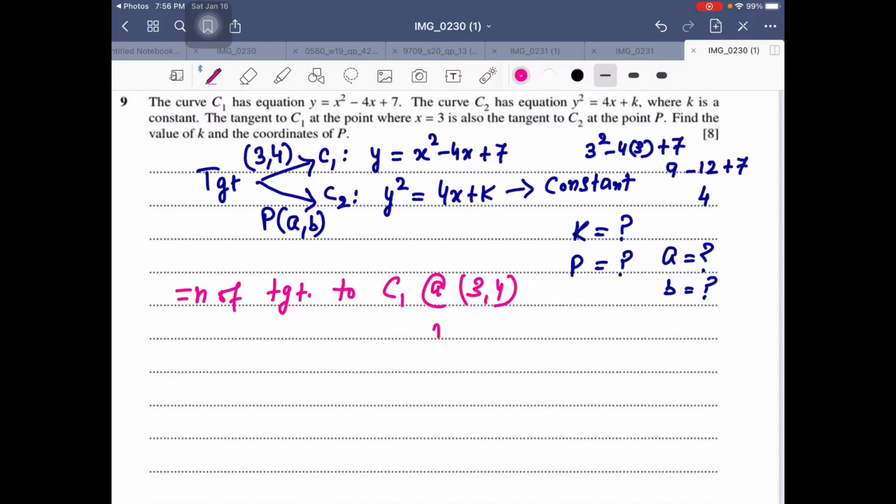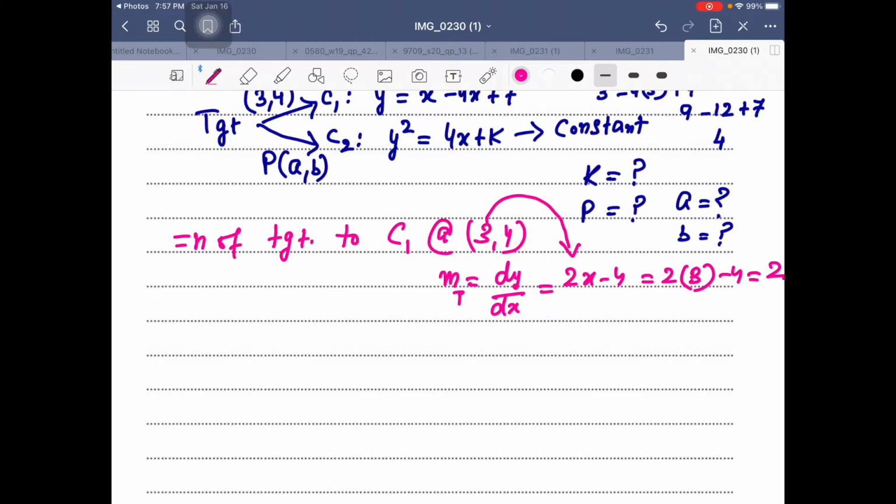Gradient is the derivative of the first curve, that's 2x minus 4. Plug in x equal to 3: 2 times 3 minus 4, that's equal to 2. So that's the gradient of the tangent, I call it mT.